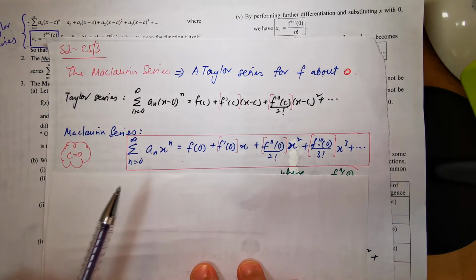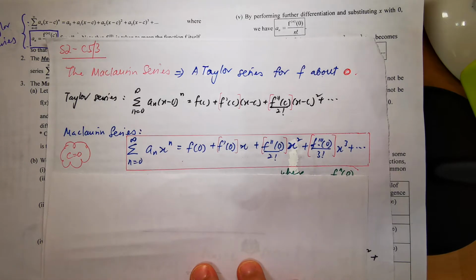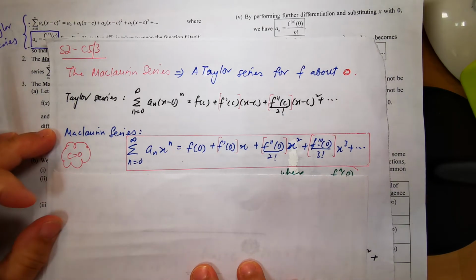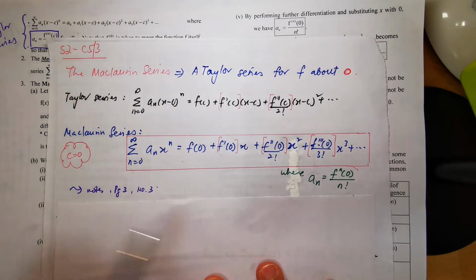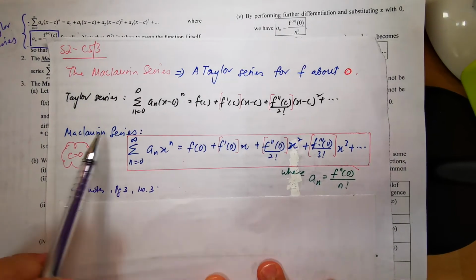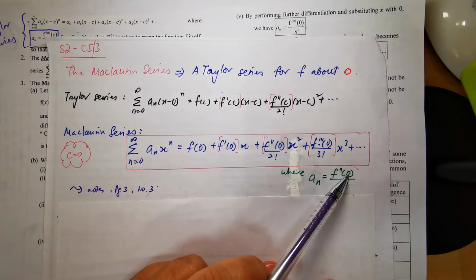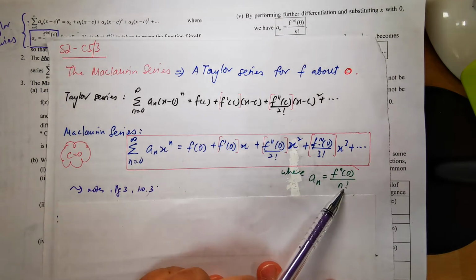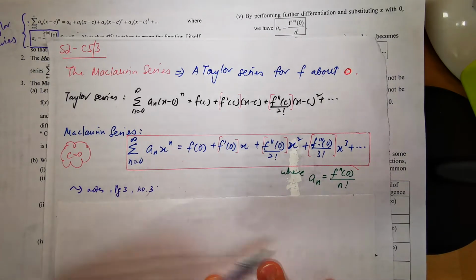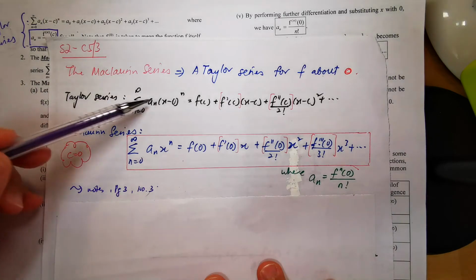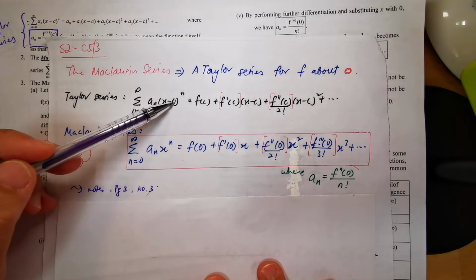Later we are going to use this Maclaurin series to find the series of some function. Remember, for Maclaurin series, your coefficient an must be f^(n)(0) over factorial n. Taylor series is more complicated because you have c here, and c can be anything.